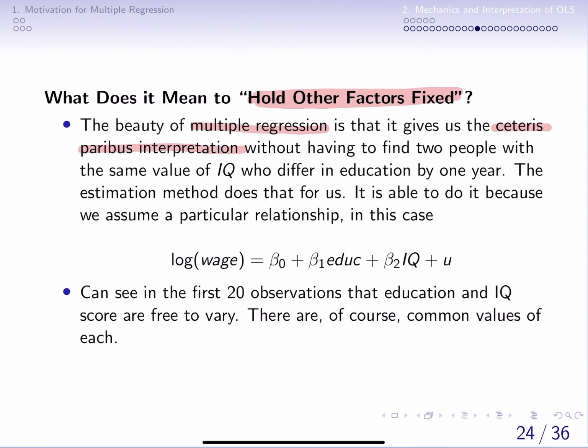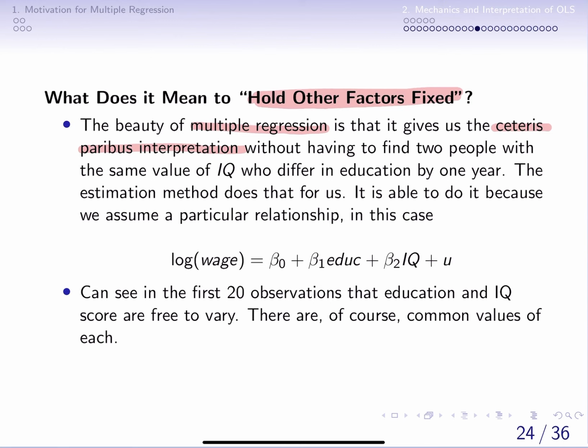And we don't really have to go out and find two people with the same prior GPAs. If we have enough variation in our data, we can just run a regression of y on a bunch of x's and we can try to capture the effects. We don't need to have two people with the same IQ in our data set.